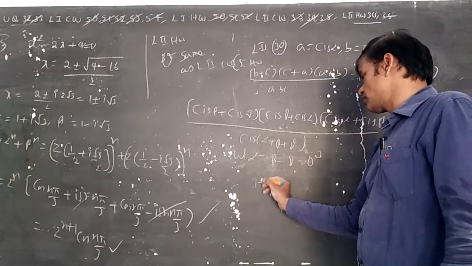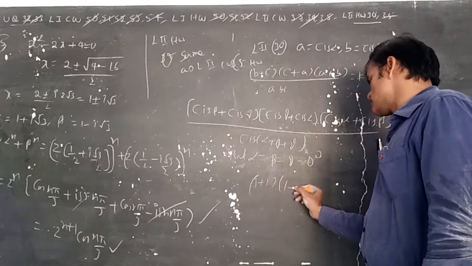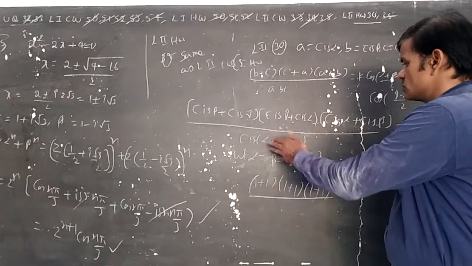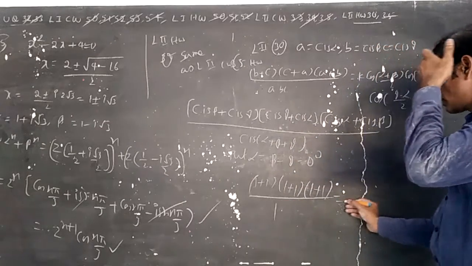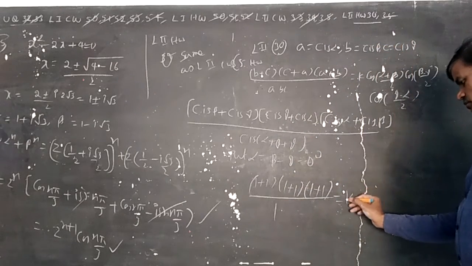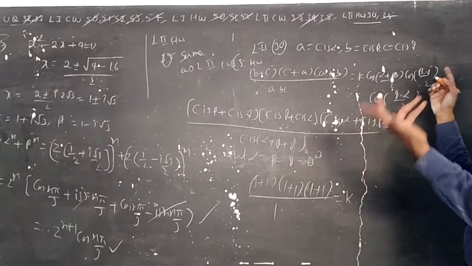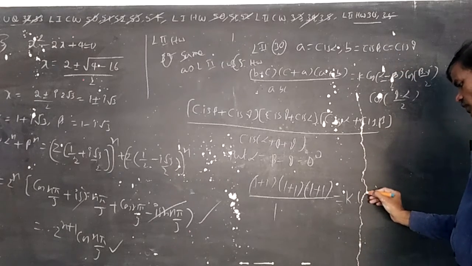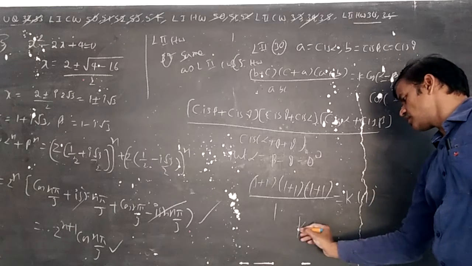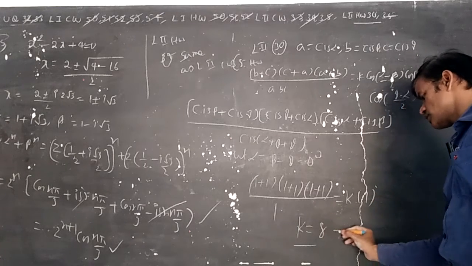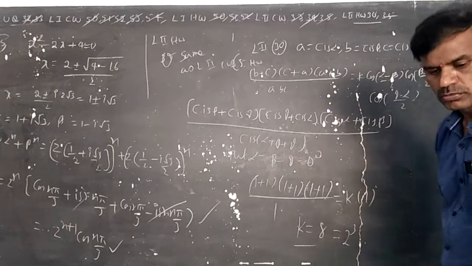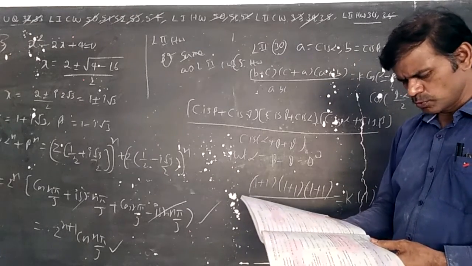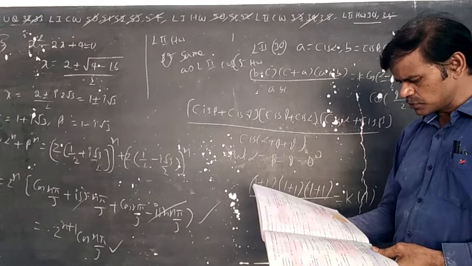So (1 + 1)(1 + 1)(1 + 1) by 1 equals K into cos 0, which is 1. So K = 8, that is 2³, or 2^n if n = 3. Given 30, the third option.